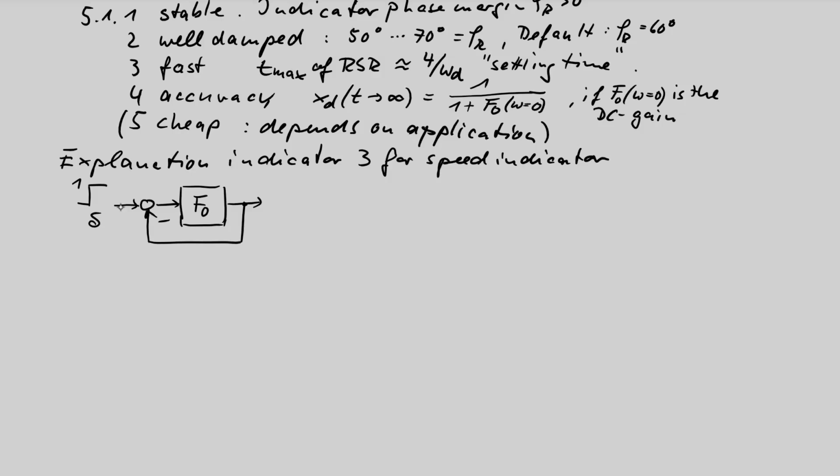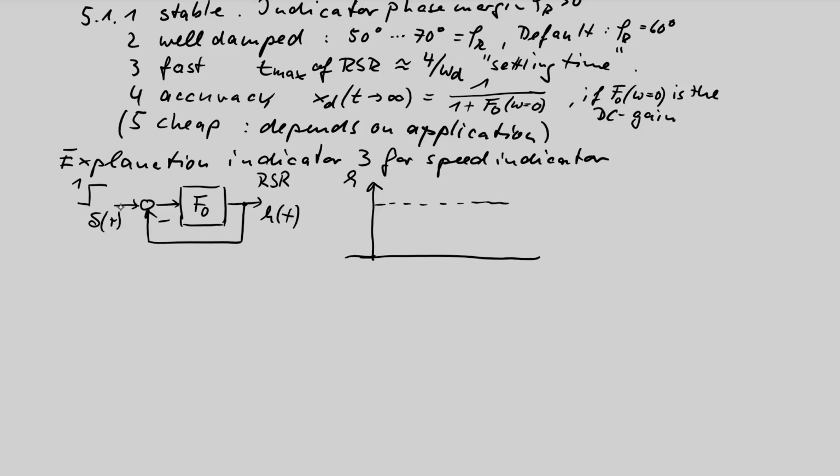So we can say here this is the sigma of t at the input. Then we have R, the reference step response, the unit reference step response at the output. This is h of t. And this h of t, if we draw this, h has a final value.